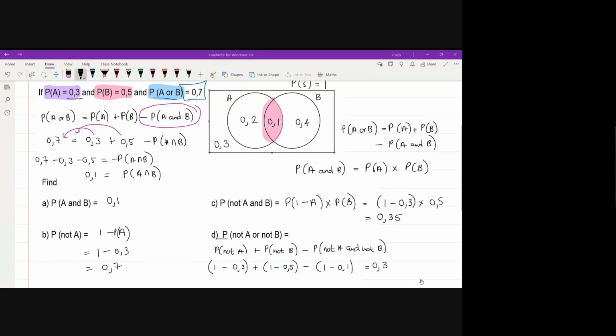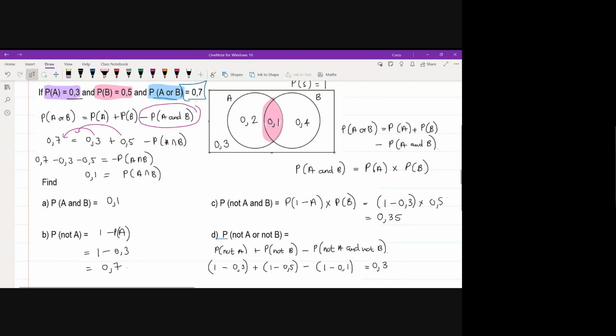Okay, you know what? I'll give you that, especially because it's the probability of not A or not B, that whole thing, so the rest of it is just 0.3. I will give you your 3 marks. Well done.